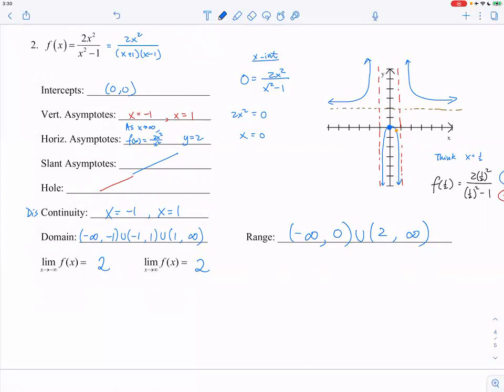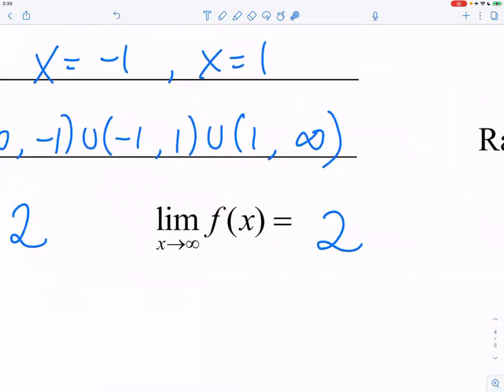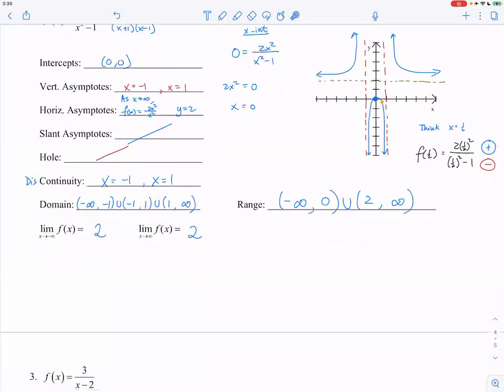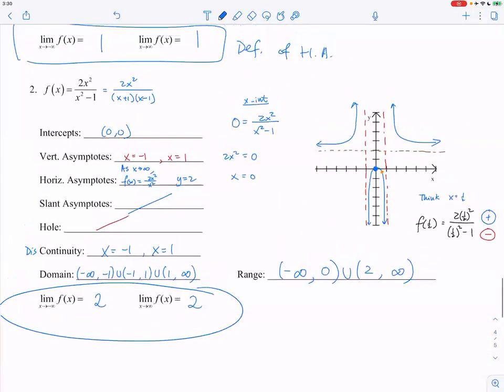If you go all the way to the right, the notation tells you as x goes to infinity, the y is equal to 2. So again, these are the definitions of horizontal asymptote.